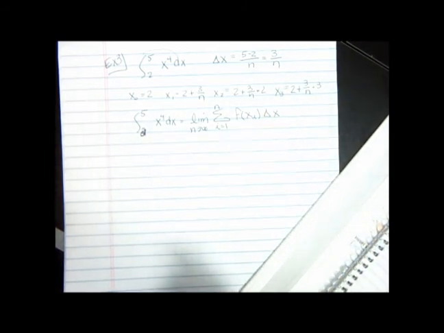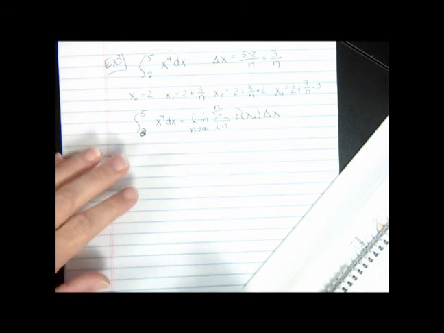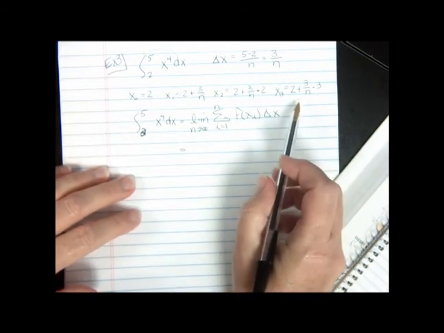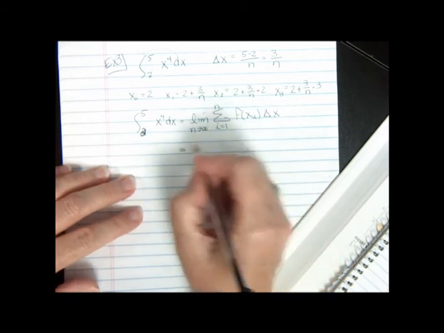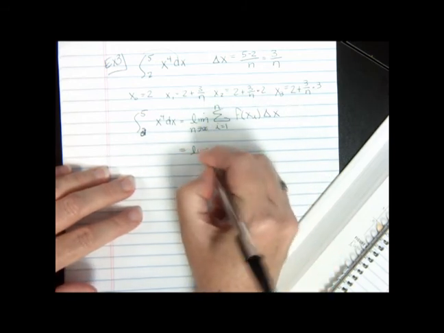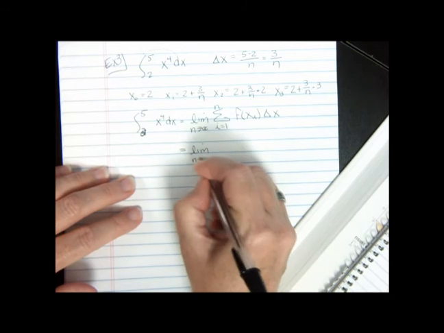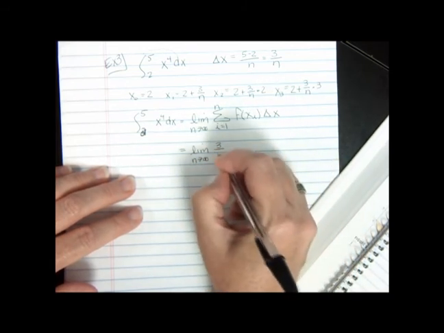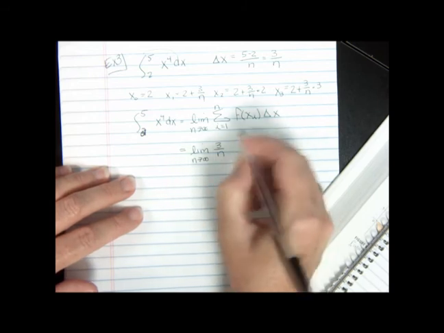So when I substitute in what I just developed, I will have the limit as n approaches infinity of 3 over n. That's my width, which is a constant, so I can put it on the outside.